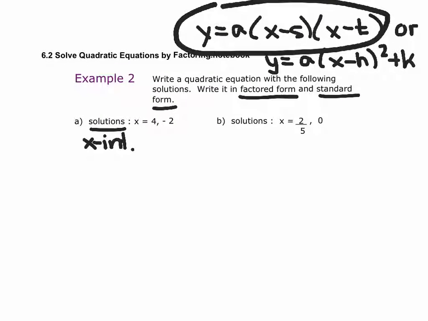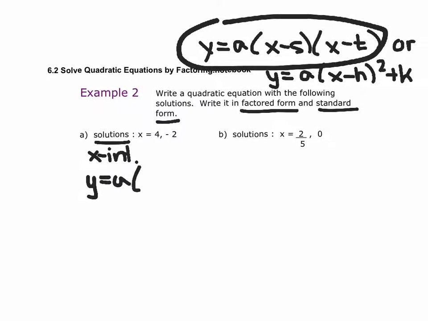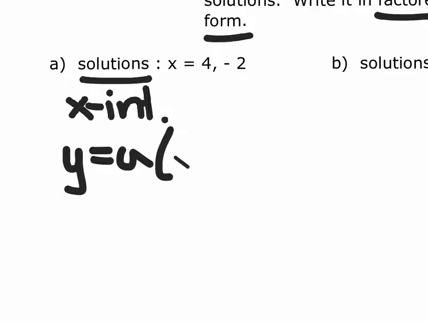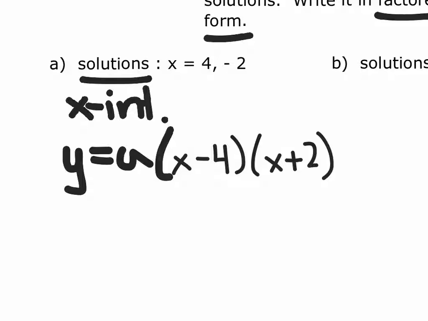When we plug this in, we get y equals a, (x minus 4)(x plus 2). When we put them back into the brackets, it's important to note that.